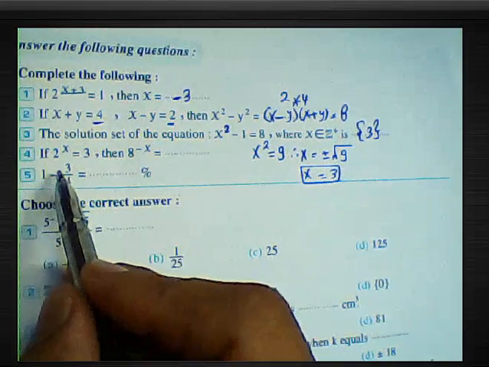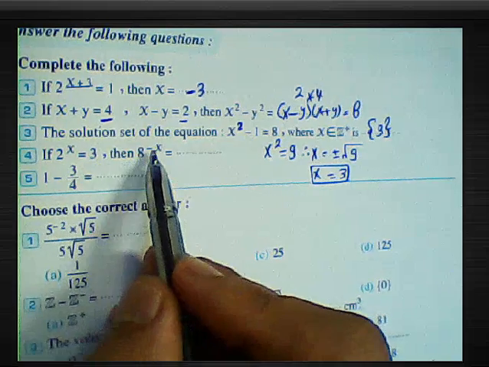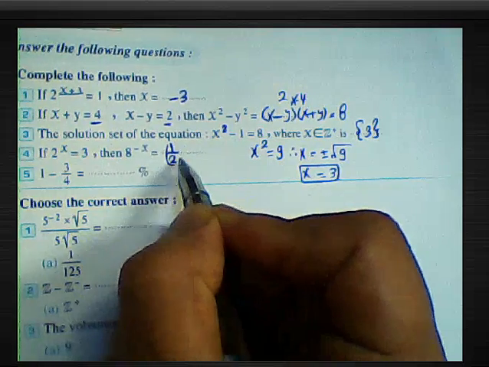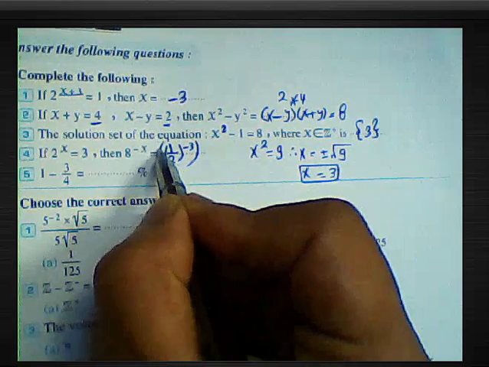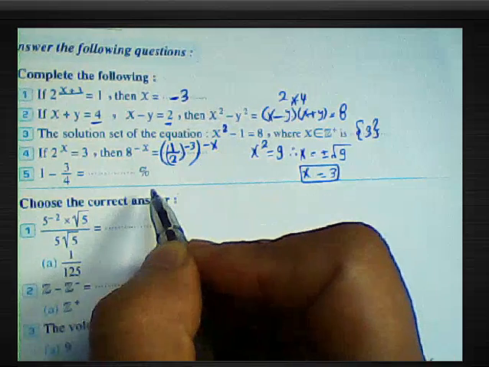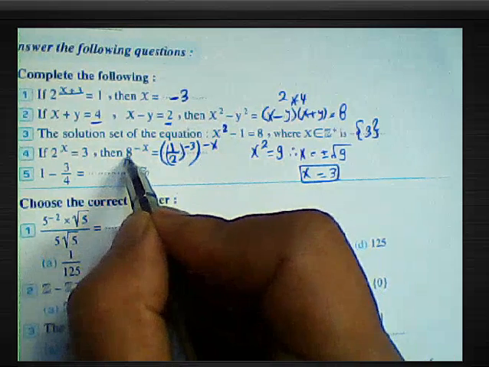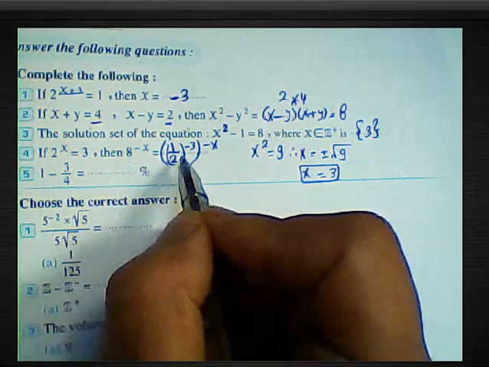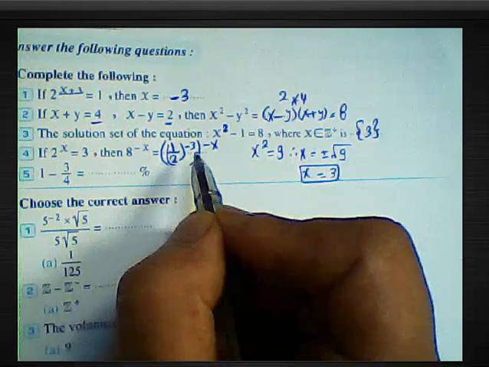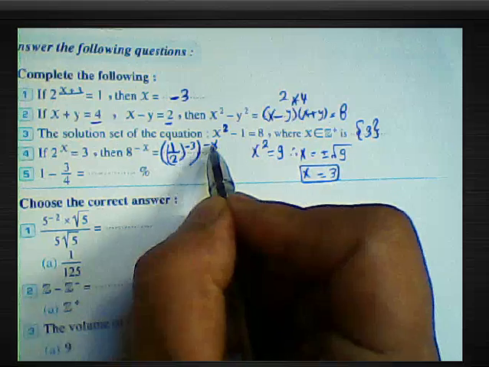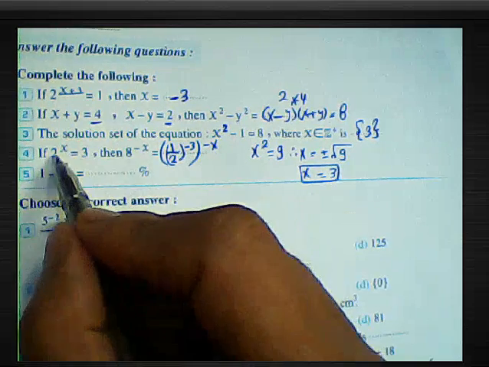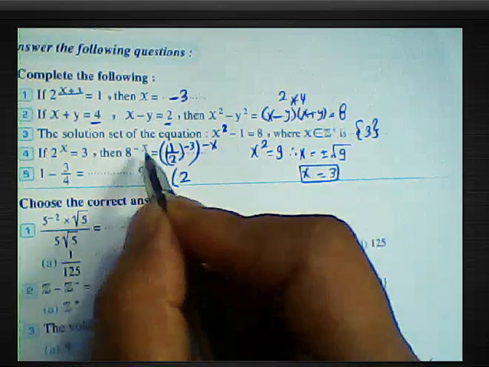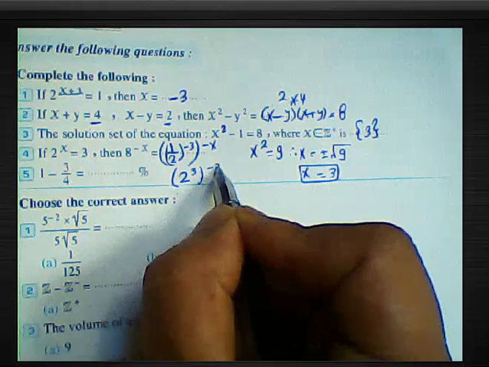Question number 4: if 2 power x equals 3, then 8 power negative x equals, we know 8 is 2 power 3, so we can write it as 1 over 2 power negative 3, all power negative x. Because he told us 2 power x equals 3, we can write another step: 2 power 3 all power negative x.